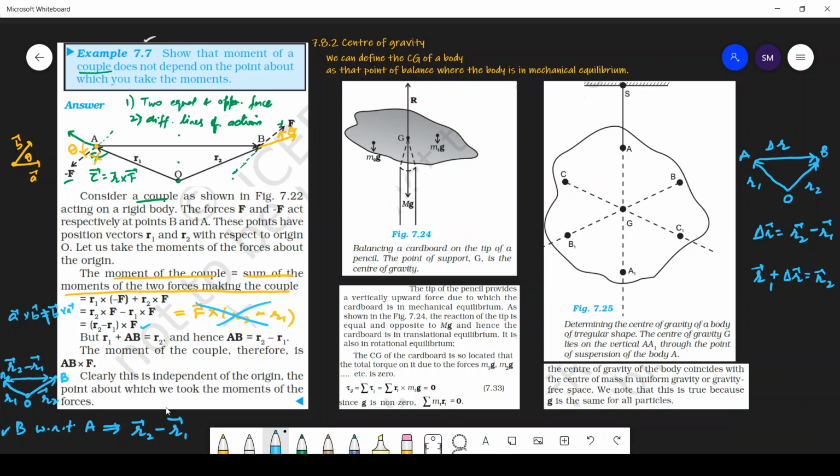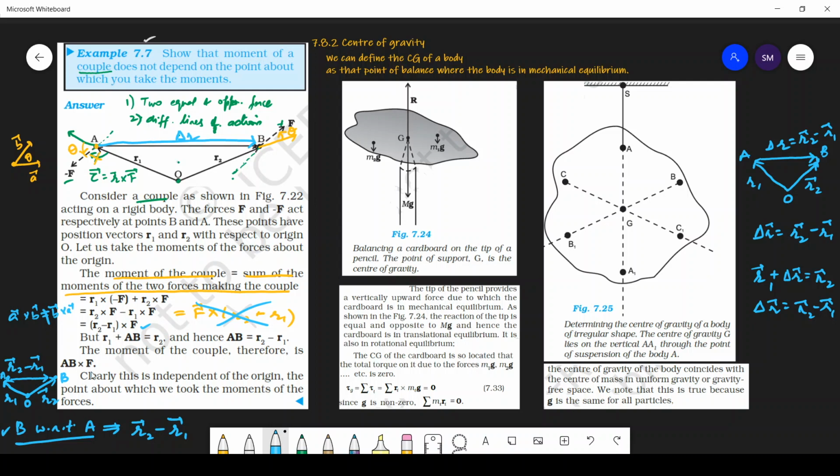So you can understand it in terms of the position of B with respect to origin R2, and the position vector of B with respect to A is what delta R is. So from here also you find delta R is equal to R2 minus R1. Okay, got this, students? So what is this R2 minus R1? R2 minus R1 is nothing but this vector AB. Yes, this delta R you can write.